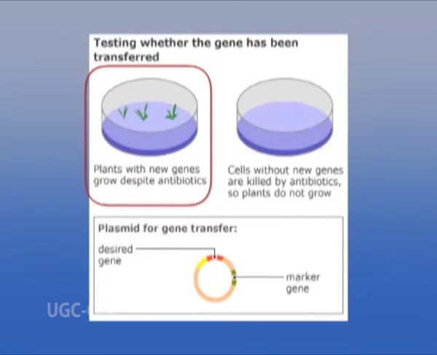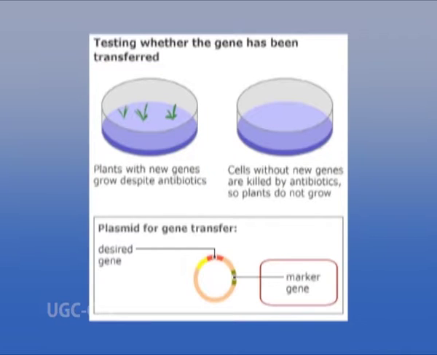In order to screen out the non-transformed cells from the transformed ones, it is necessary to have the selecting agent to which the target plant cells are susceptible and that inhibits the growth but does not kill the wild type cells.